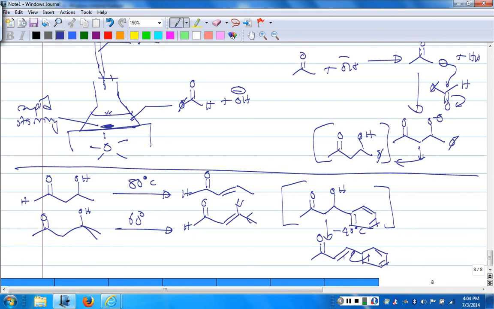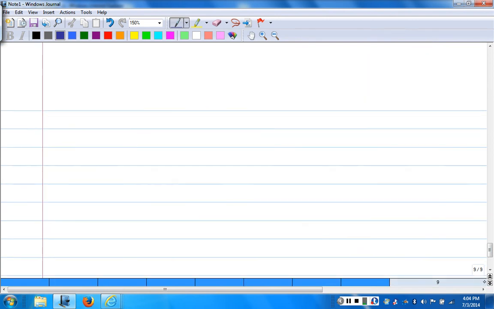Okay, that's point one. Point two is that aldehydes and ketones that are enolizable belong to a very wide class of compounds that have what are called active H's. And what is an active H?